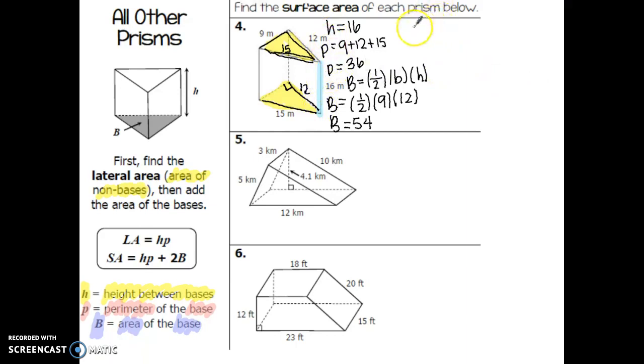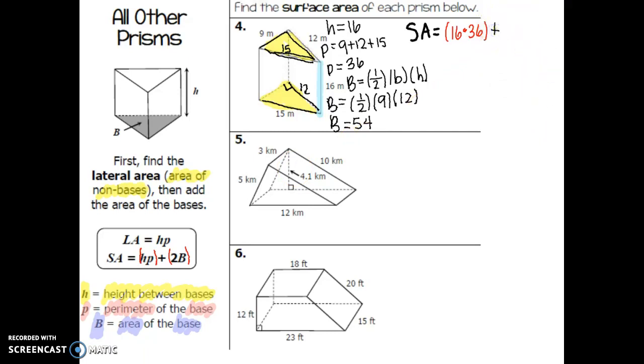Now we can go ahead and do my surface area. So that does say that that is HP multiplied, so 16 multiplied by 36. I actually forgot to tell you guys to drop parentheses here. So go ahead and do that so you can put them right in the calculator.